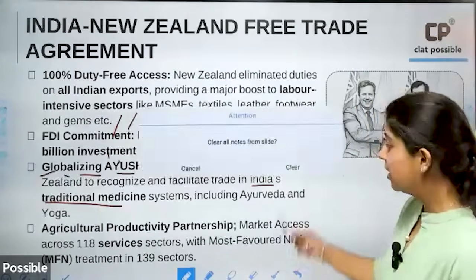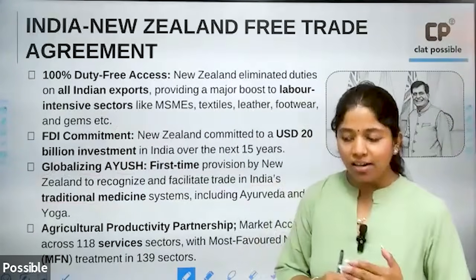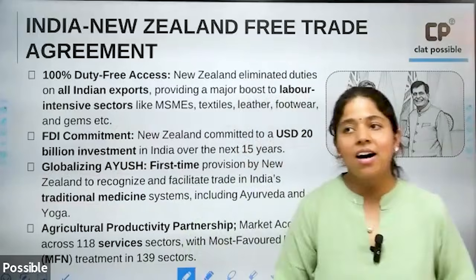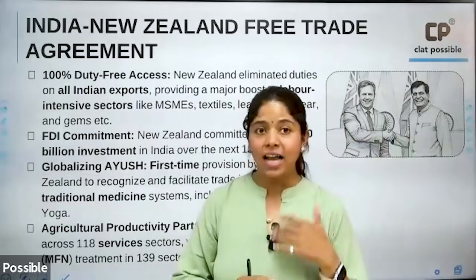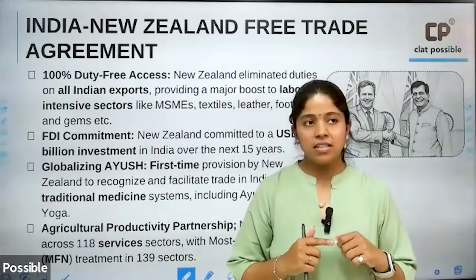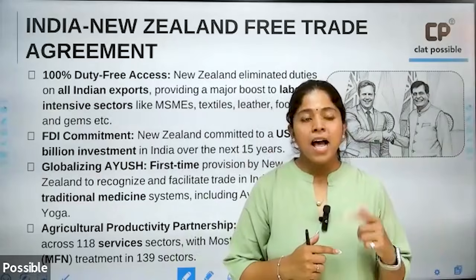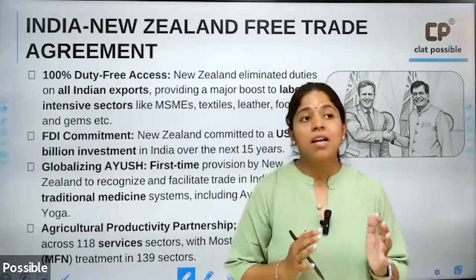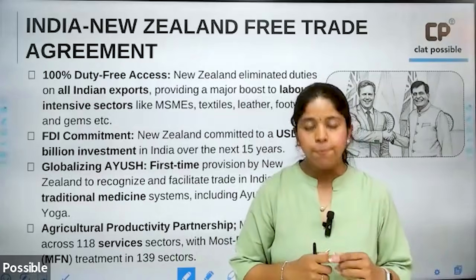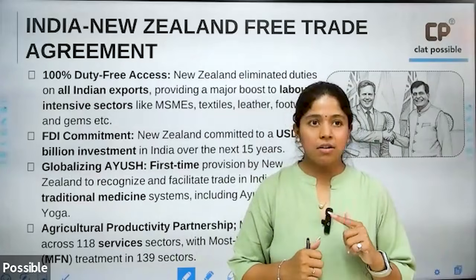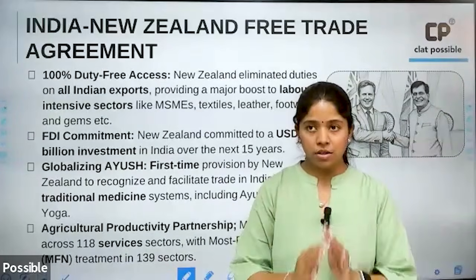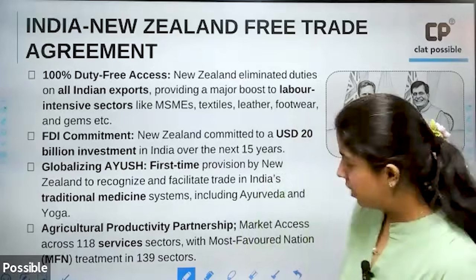What is important is that we have not undertaken any pact pertaining to the dairy sector. New Zealand has a very well developed and high quality dairy sector, which could be a major threat to Indian farmers' security. So we did not undertake any free trade agreement pertaining to the dairy sector, just to protect our farmers. So do keep this in mind.